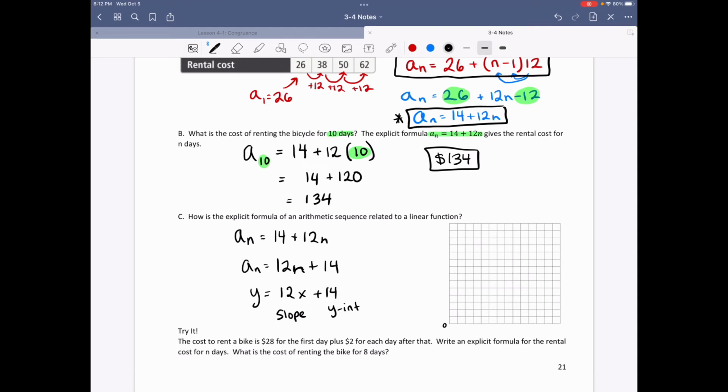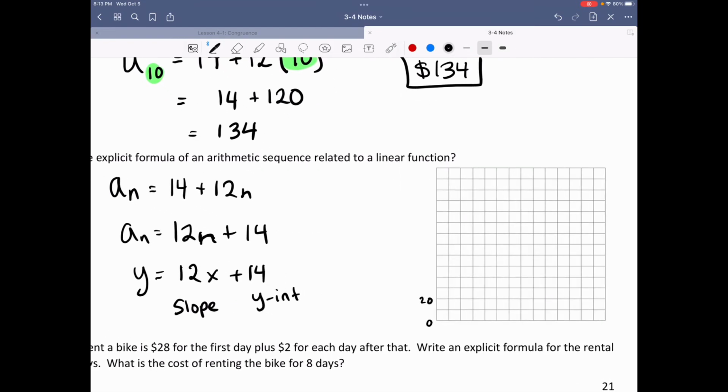So I'm going to put 0 here. I'm going to skip a line and put 20. And then I'm going to skip a line and put 40, skip a line 60, skip a line 80, skip a line 100. Okay, that's for our y values, which end up being the cost.